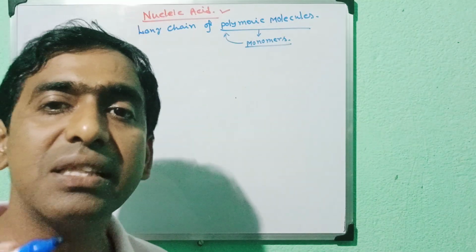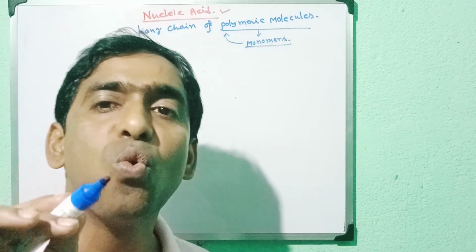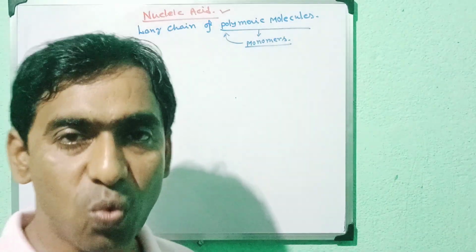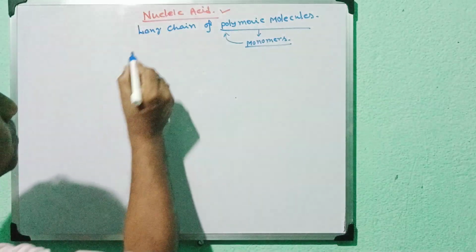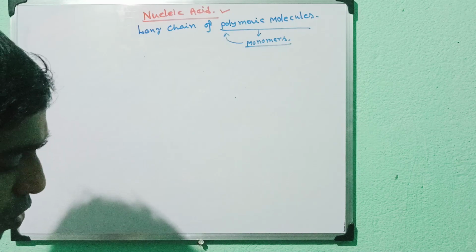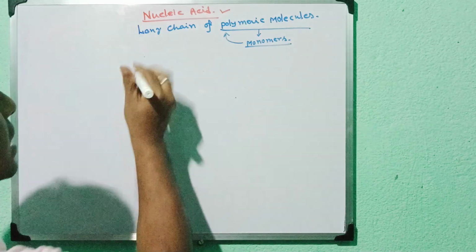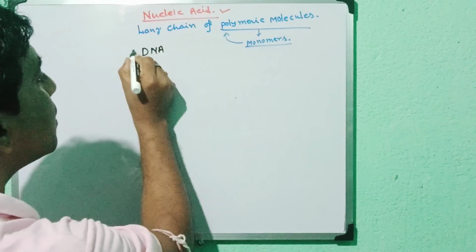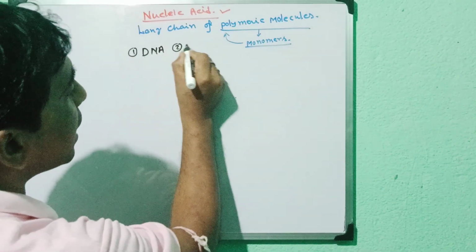There are two nucleic acids known to us. One is DNA and another is RNA.